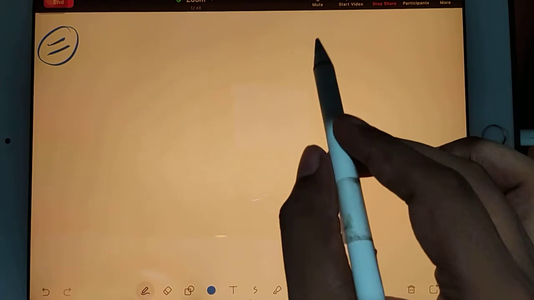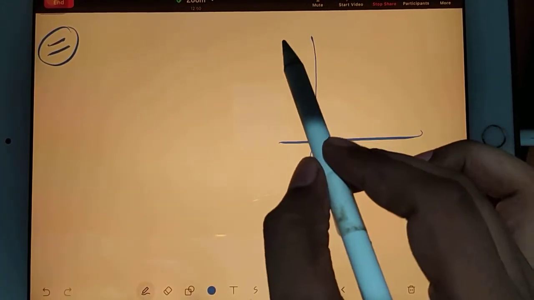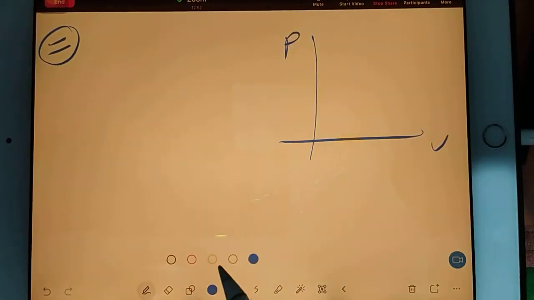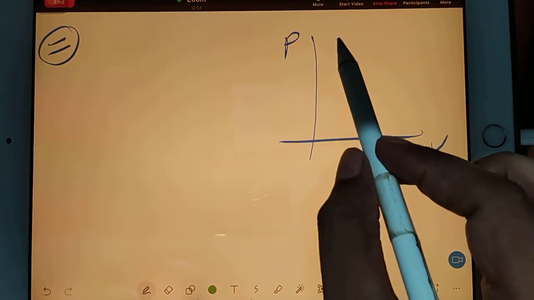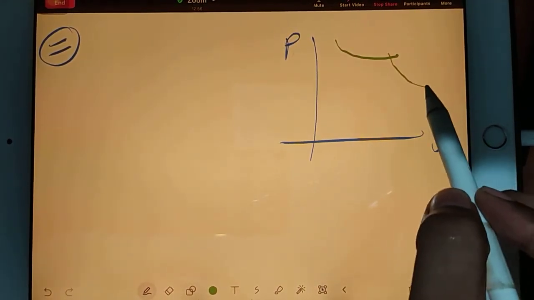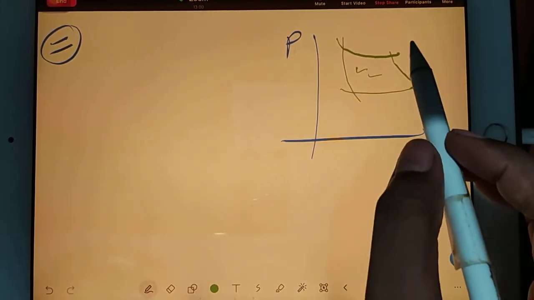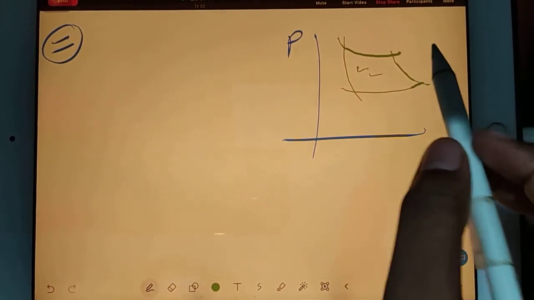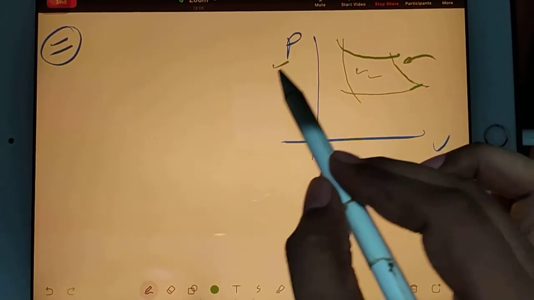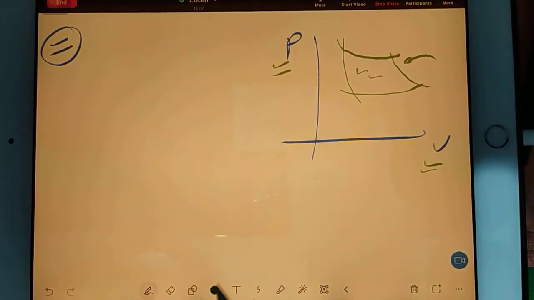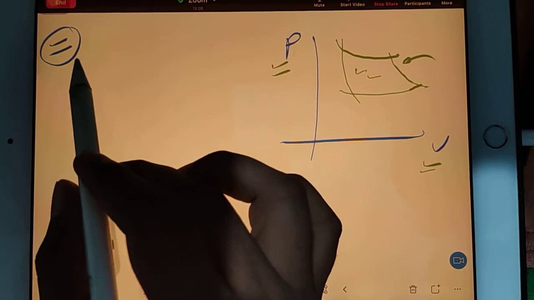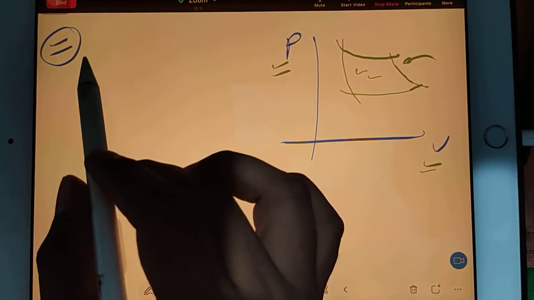Earlier we were discussing PV diagrams, right? On the PV diagram I told you one process is like this, one like this, then one like this, then one like this. So this was the process for the Carnot cycle, but I was drawing it on a PV diagram. Now because I have introduced entropy, the same process I can draw on a TS diagram.